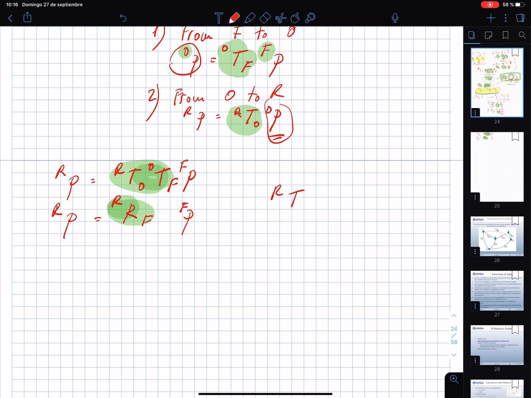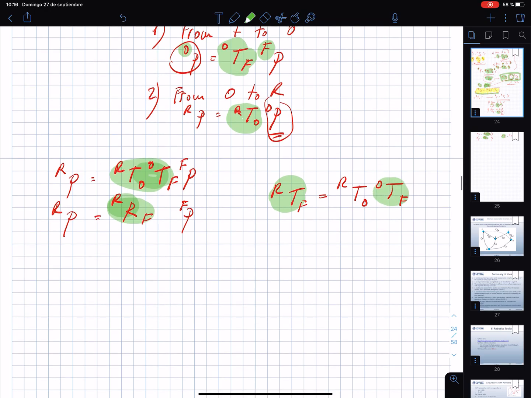So let's just write this equation. RTF equals RT0 0TF. RTF is the expression that we are searching for, and 0TF is given, but RT0, as before, is not given. But we know that by definition RT0 needs to be the inverse of 0TR.